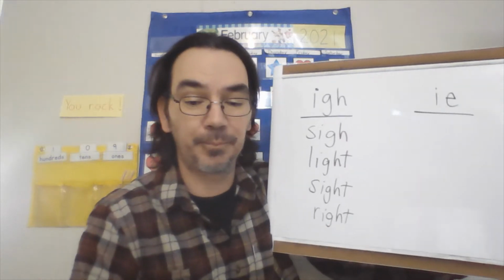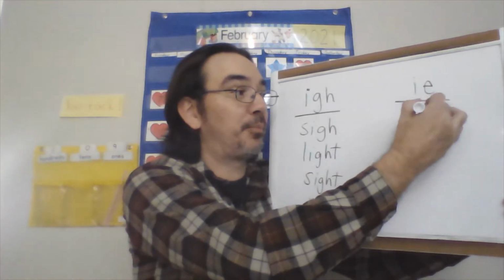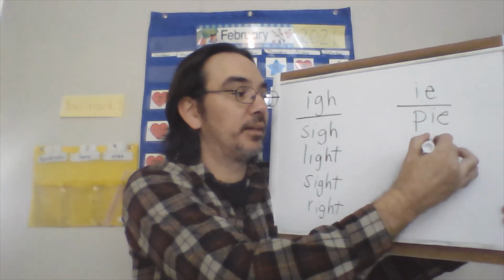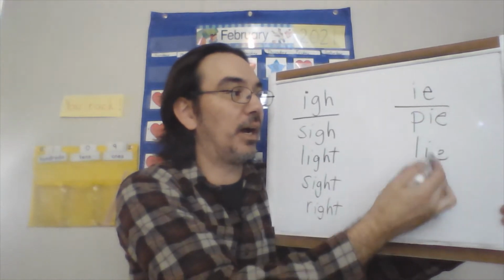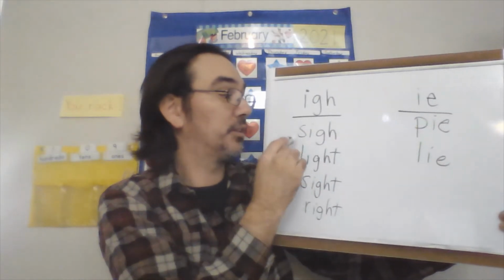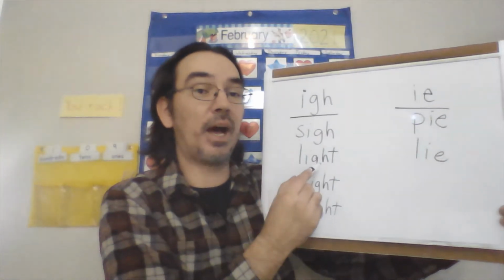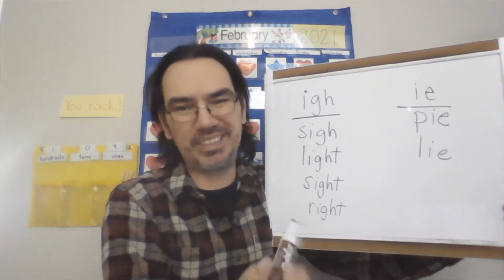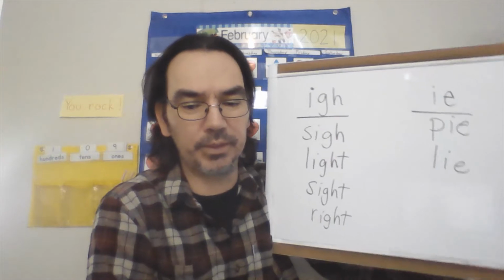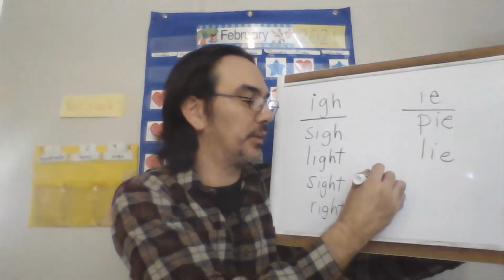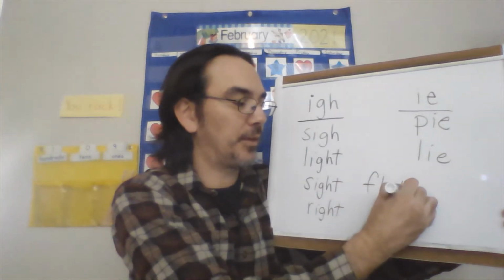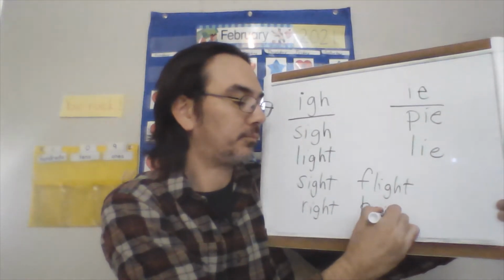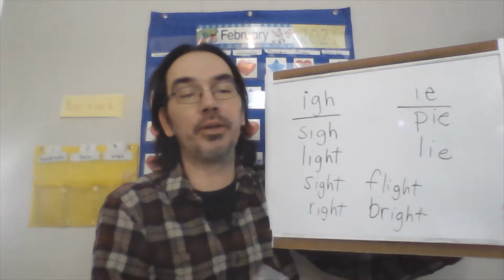He sent in for IE, pie, and lie. Lie, pie. Good. Sight, light, sight, right. See how it has that I in all of them? Yeah, very good. Also, don't want to forget, Dylan gave us flight as well as bright. Thank you, Anara. Thank you, Dylan.